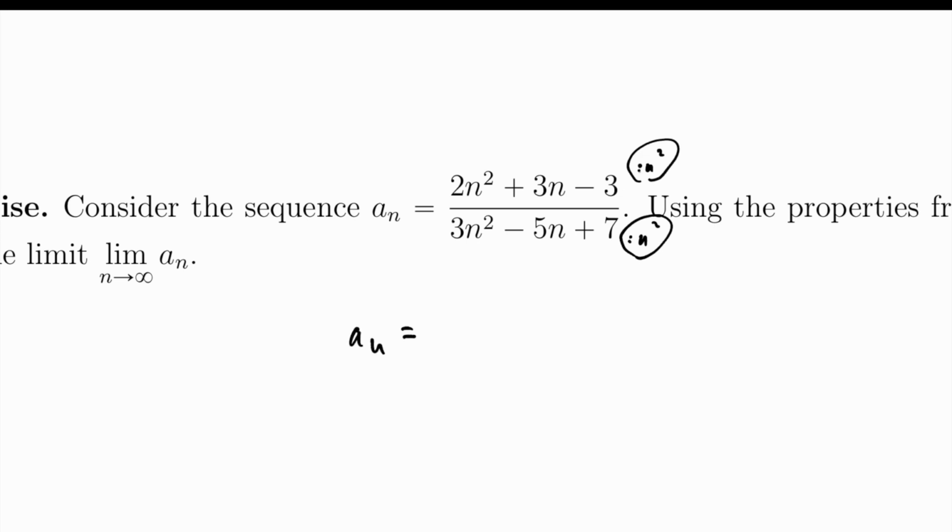So now if I just divide by n squared on top and bottom, I do that piecewise for each part of the sum, and then I get 2n squared by n squared is 2, plus 3 by n, 3n by n squared is 3 by n, minus 3 by n squared. And then similarly on the bottom, I get 3 minus 5 by n plus 7 by n squared.